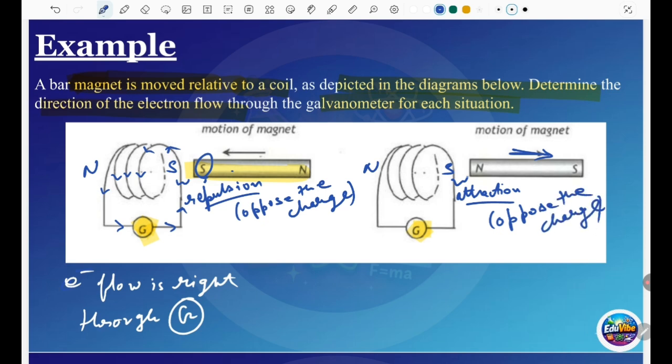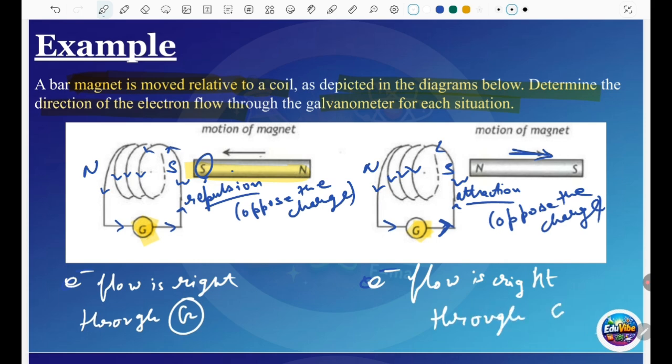Because of that opposition, again they produce the same kind of electron flow. So the electron flow is again to the right through the galvanometer.